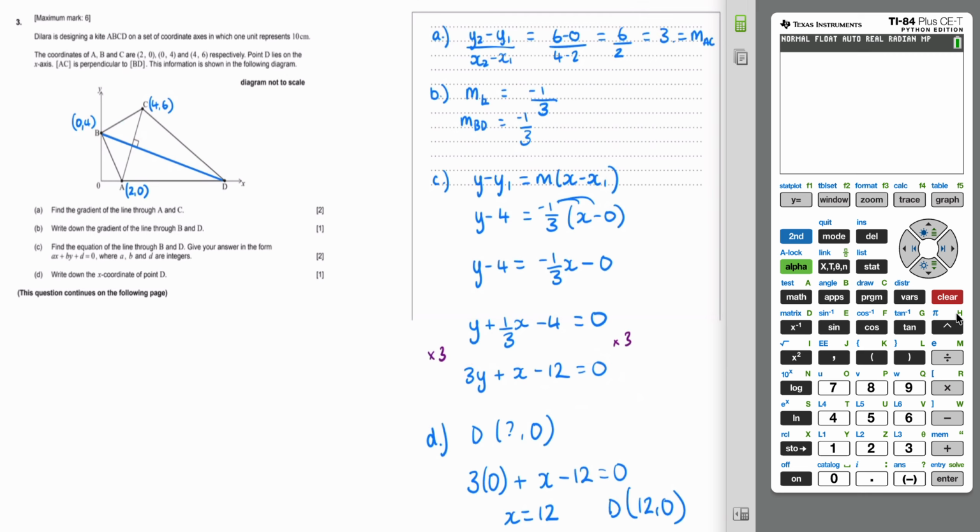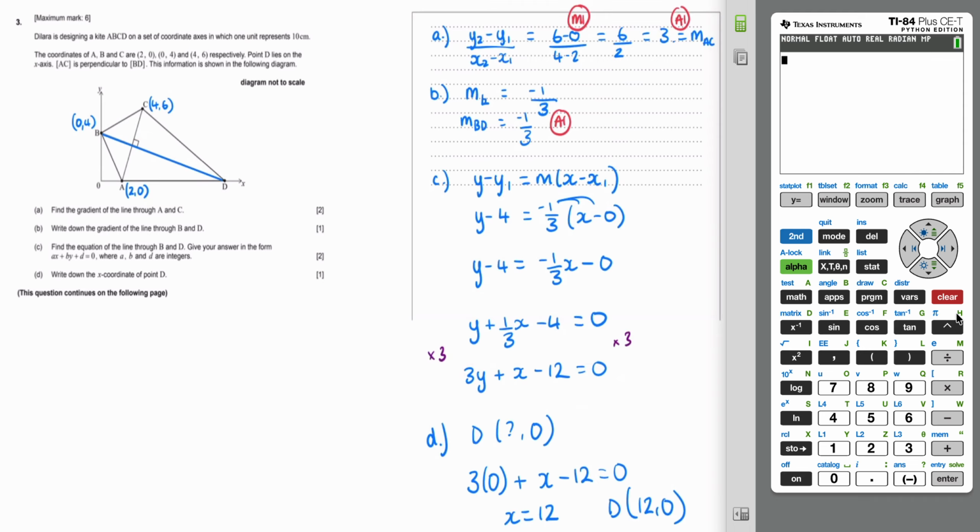In terms of the marks for this question, the first part is worth 2 marks. One is for using the method of the gradient formula correctly, and the other is for the answer. For part B, there is 1 mark, and that's just for finding the answer. For part C, it's again 2 marks.